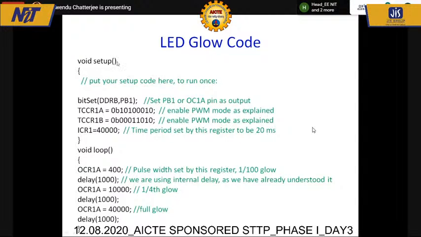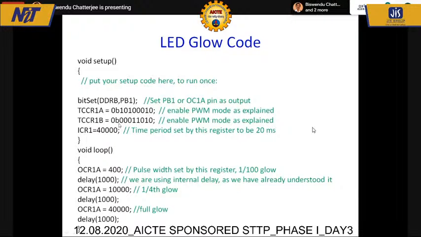The two parts you remember, one was the setup in this brace. It was the setup to run only once, and this is the loop which will continue. Let us see. First, bitSet DDRB PB1. Why? I need PB1 to be an output pin. Otherwise, PWM output will not be seen. So set PB1 or OC1A pin as output. Now, if you have noted in your notepad, TCCR1A will be this value and TCCR1B will be this value.